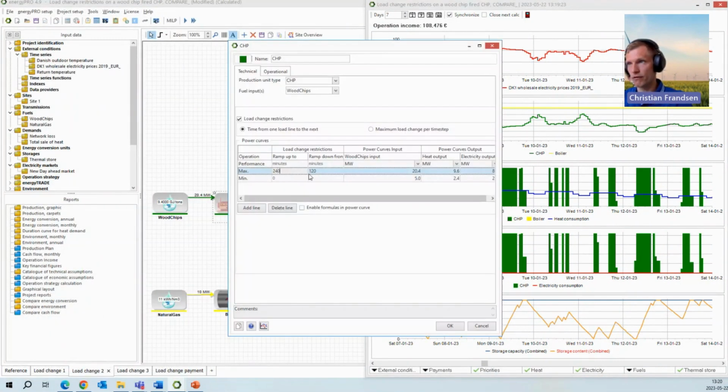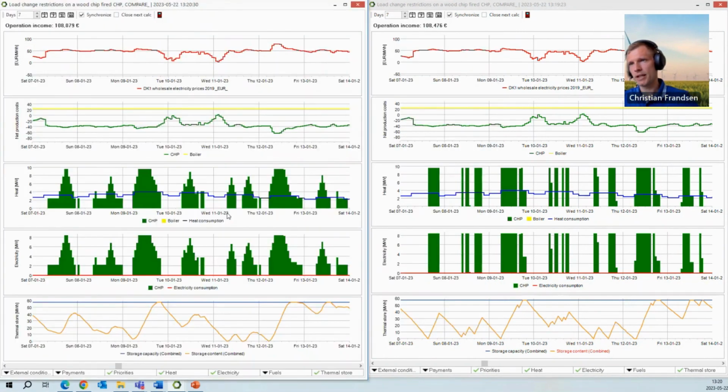Say here 240, for instance. And yet again, you can see that it simply jumps to the minimum stated load. And then in between this minimum and maximum, it ramps with the speed that we have specified.